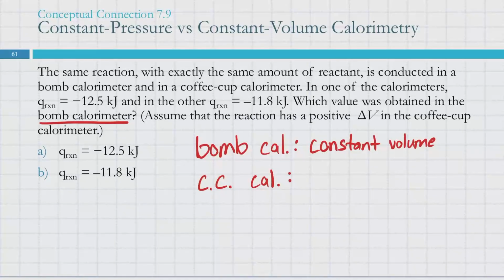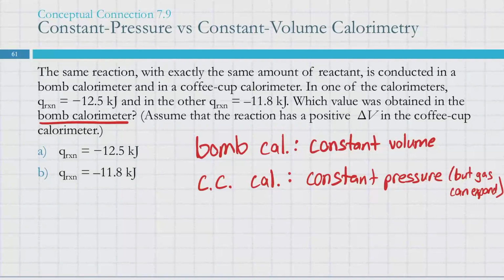Does the coffee cup calorimeter have a sealed container that causes it to have a constant volume? It does not. It has constant pressure. But the gas can expand. It's not really a but, it's more of a just it can expand.